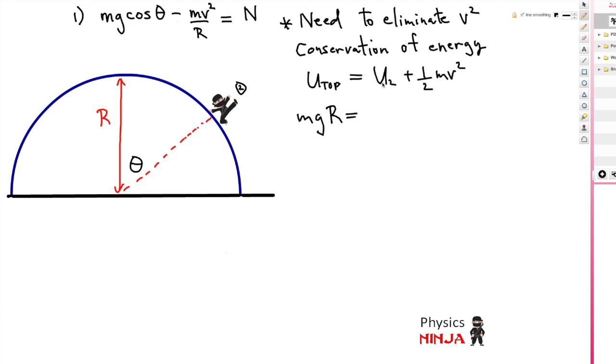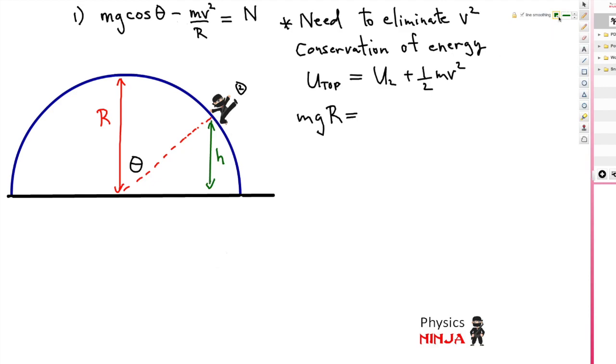When he's at position 2, he's still a certain height above the ground. This is his height above the ground. Using a little trigonometry, you know that this is still the radius. That's the height.